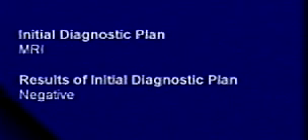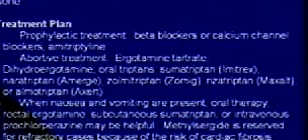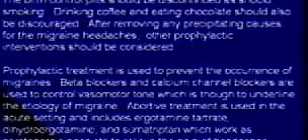We get the MRI because her symptoms are worsening and we have to exclude a structural cause to her worsening headaches. And the MRI is negative. Patient has a history consistent with classic migraine, and the final diagnosis is migraine.